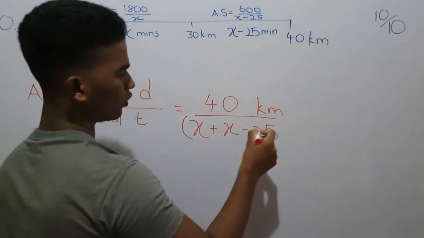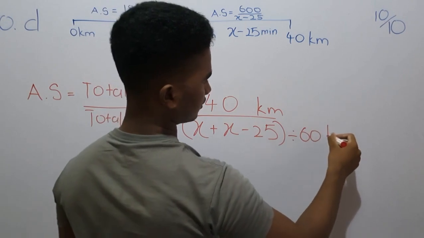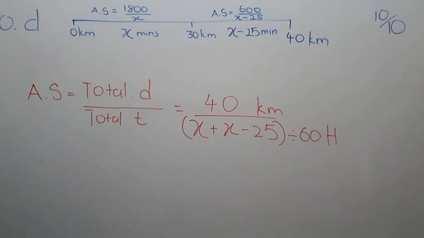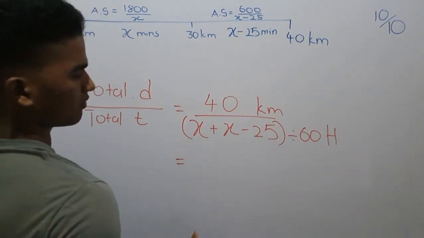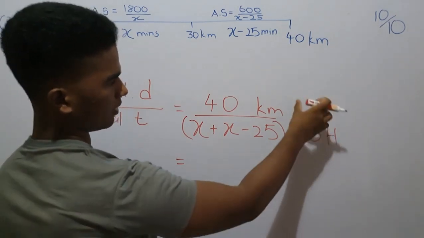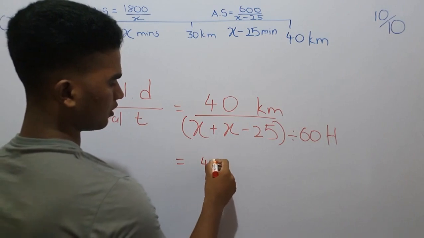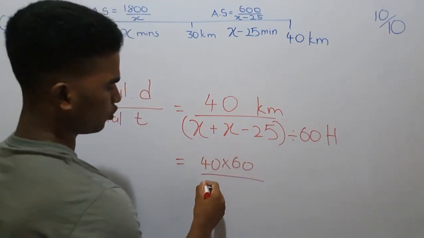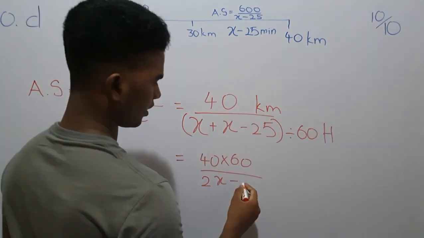Now this is hours. So then simplify this, 2x minus 25. When you reciprocate, this 60 goes up and it becomes 40 into 60 divided by x plus x is 2x minus 25.